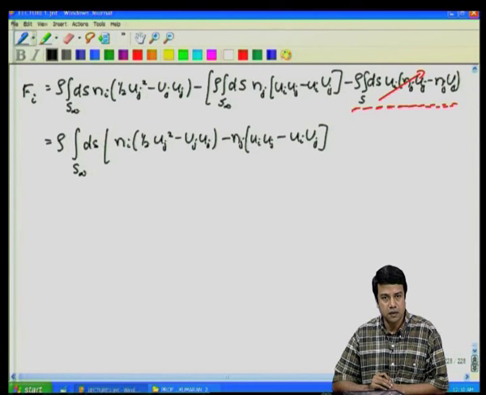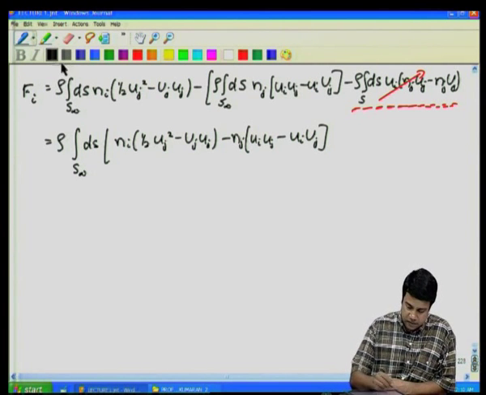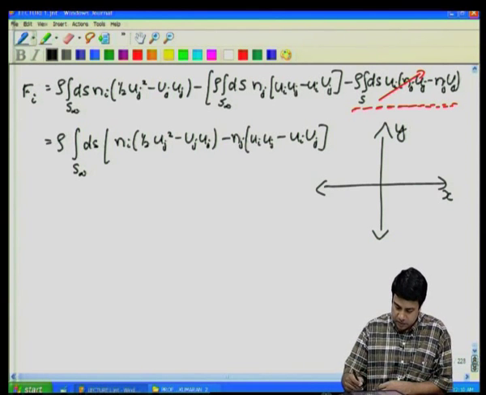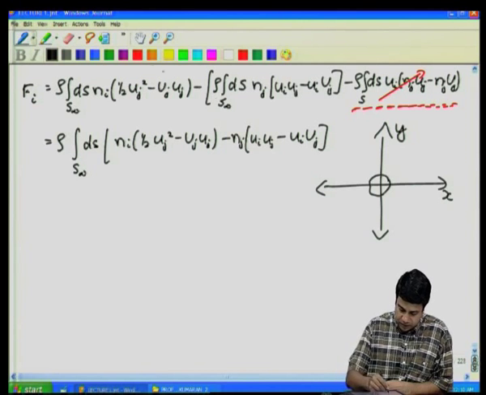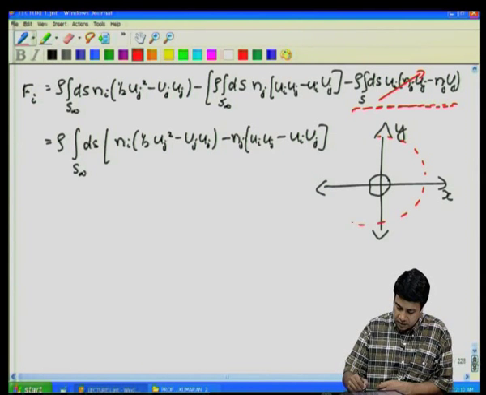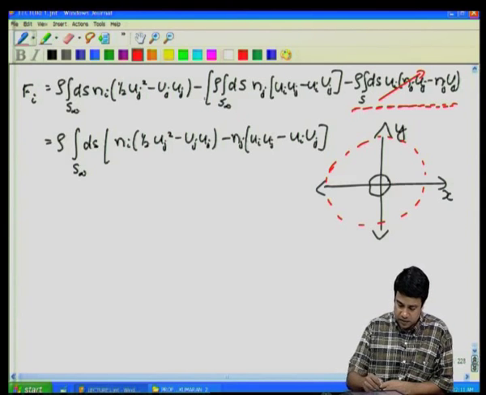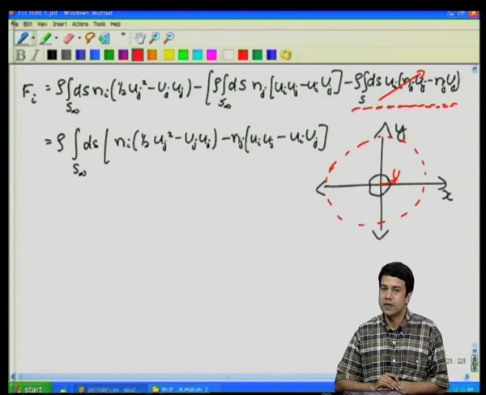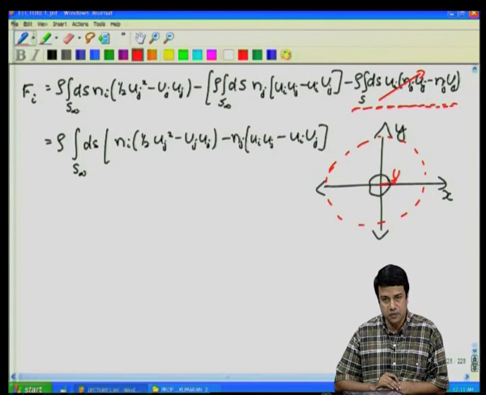Now, this is over a surface that is far away. In 2 dimensions, x and y, if I have an object at the center, the fluid velocity of course has to decay as r goes to infinity, because the object is moving with some velocity U. However, the fluid is stationary far away, therefore the fluid velocity has to decrease as you go far away. How does the velocity decrease?